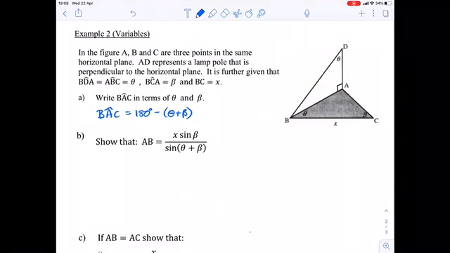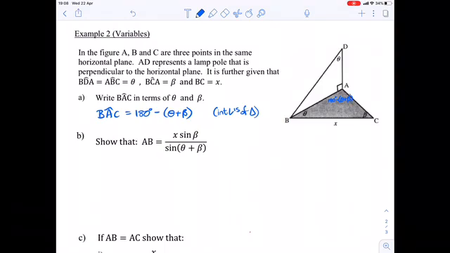Okay, subtracting that whole thing using interior angles of a triangle. Make sure you don't forget that, so I'm going to squeeze it in here on the diagram.